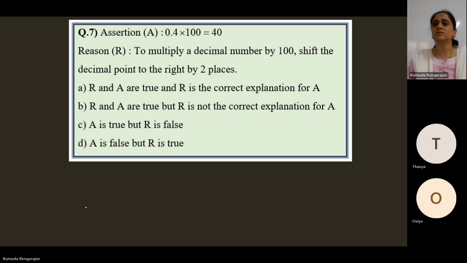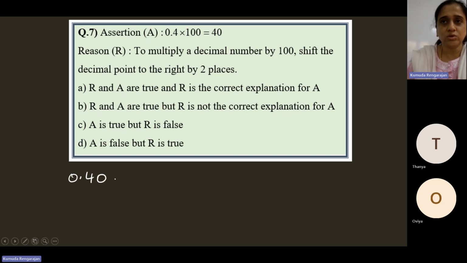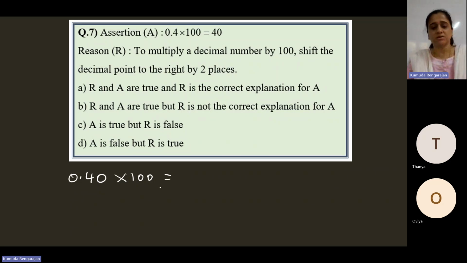All right. So you can treat 0.4 as 0.40 also. You know that, right? Into 100. This is what is given in the assertion.